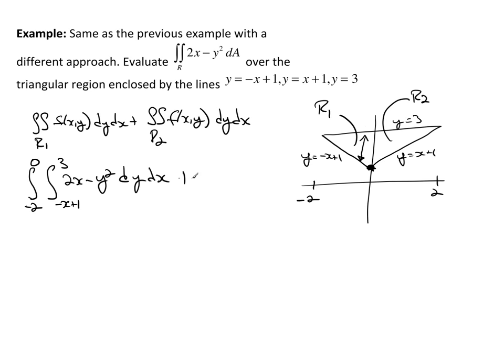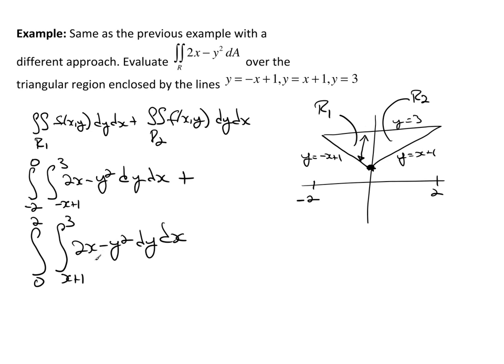Then I'm going to add that to this next piece over region 2, which will take me on x from 0 to 2, and then from x plus 1 to 3 of 2x minus y squared, dy dx.